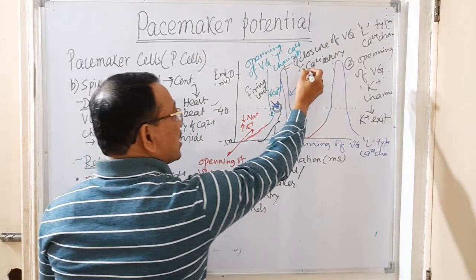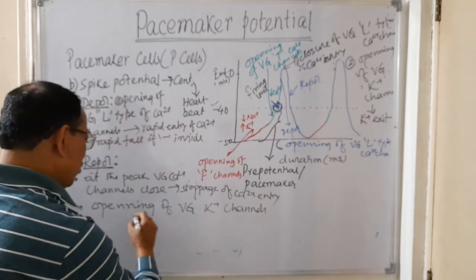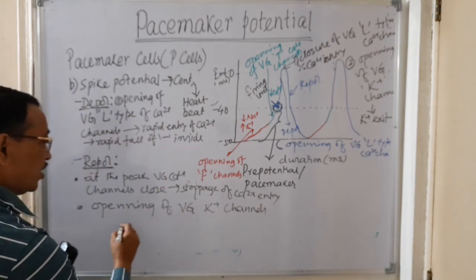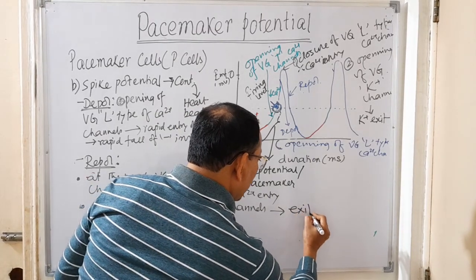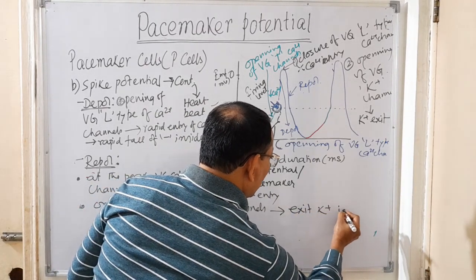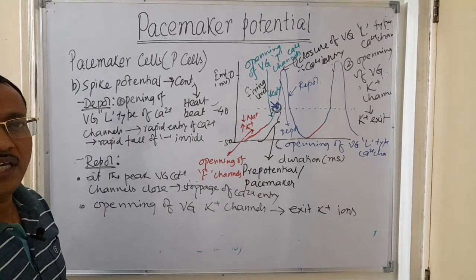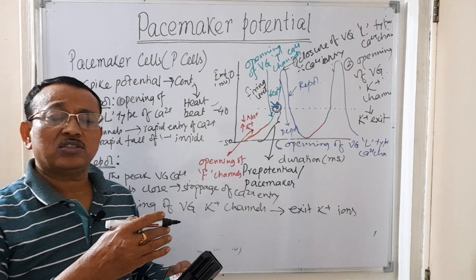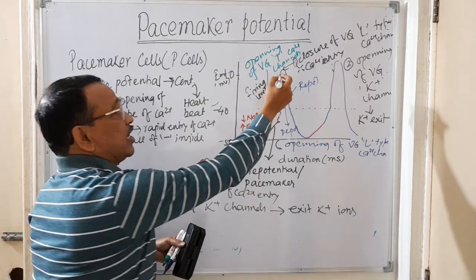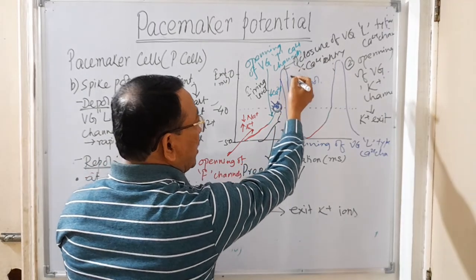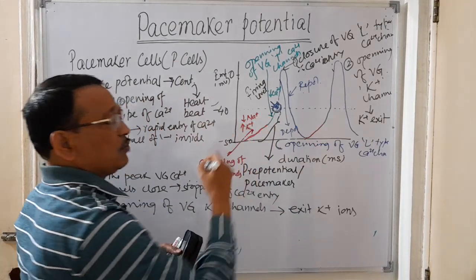So calcium entry is stopped, and because of the opening of the voltage gated potassium channels, there is an exit of potassium ions from inside of the P cell membrane. As the potassium ions go out, obviously the electronegativity will again reappear towards the normal value, that is minus 50 millivolt.